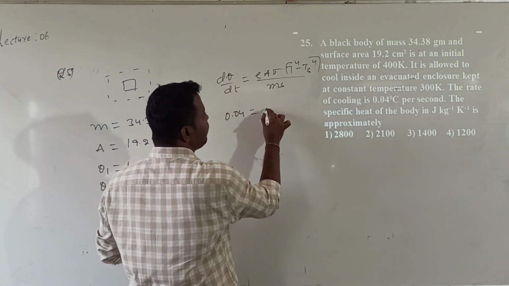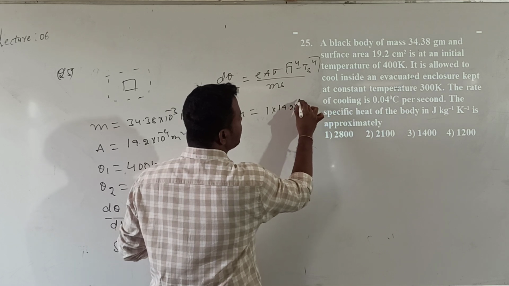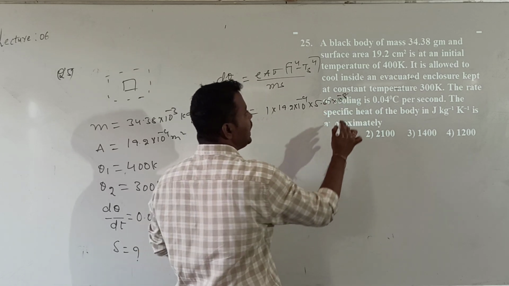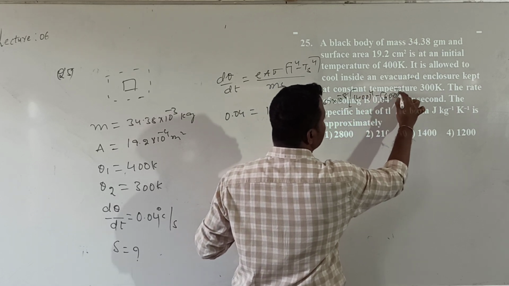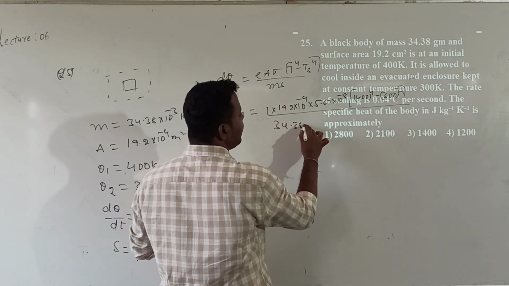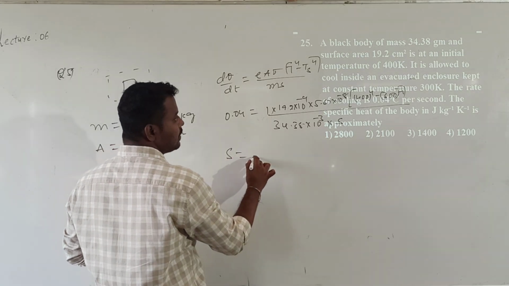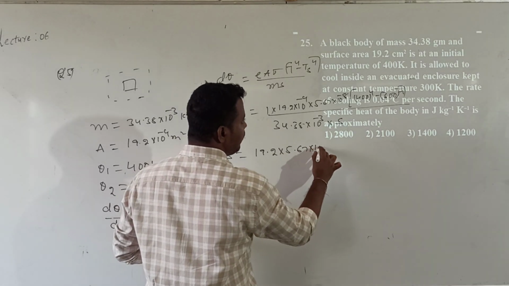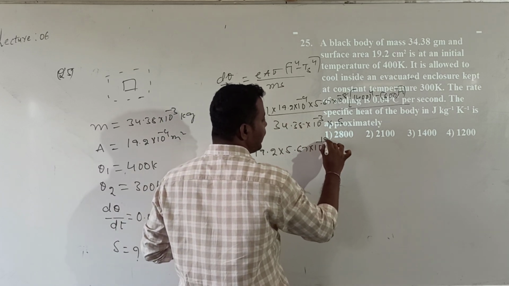So d theta by dt is given as 0.04. Emissivity for a perfectly black body is 1, area is 19.2 into 10 power minus 4, sigma is 5.67 into 10 power minus 8, into 400 power 4 minus 300 power 4, divided by mass 34.38 into 10 power minus 3 into S. Finding the value of S: 19.2 into 5.67 into 10 power minus 8 into 10 power minus 4, total 10 power minus 12.